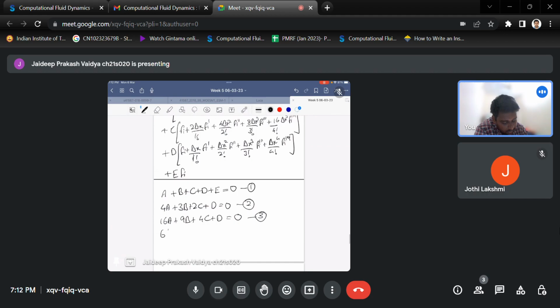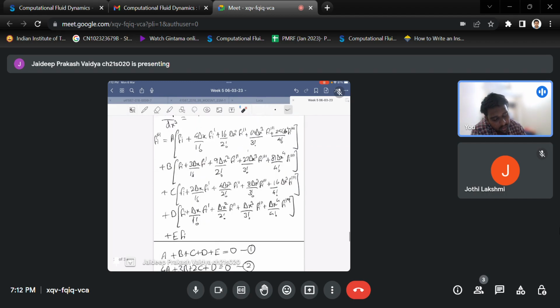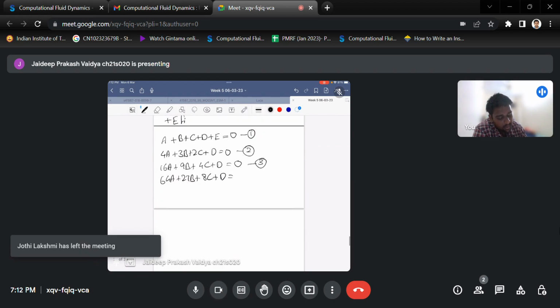So it will be 64a plus 27b plus 8c plus d, and we can't equate that to 0 because we are finding fi triple dash on the left side, so we have to equate that to 1.